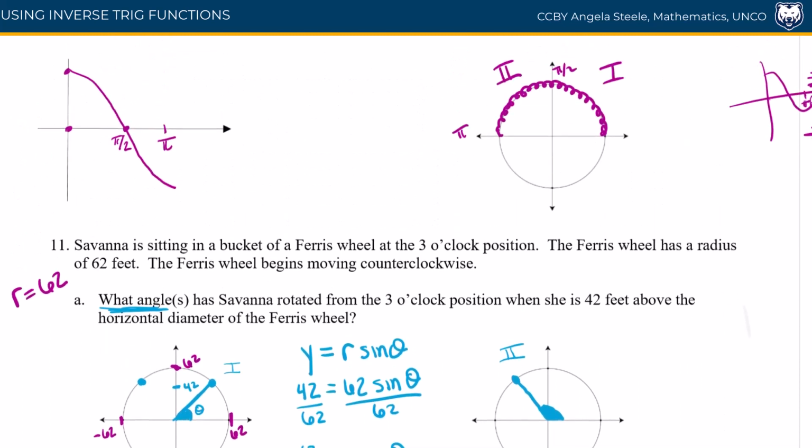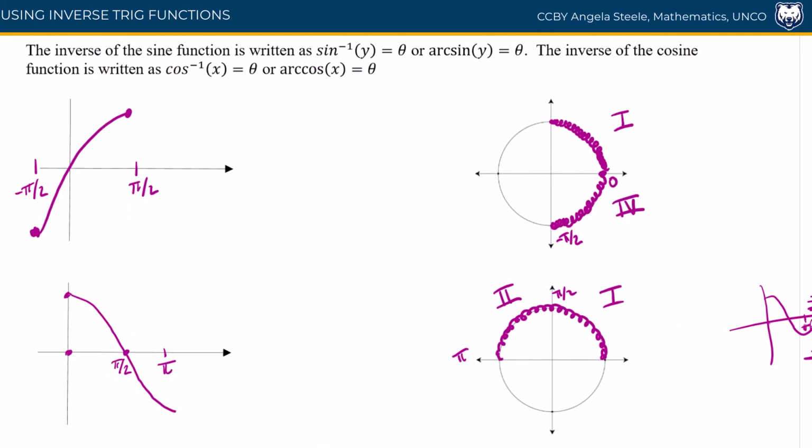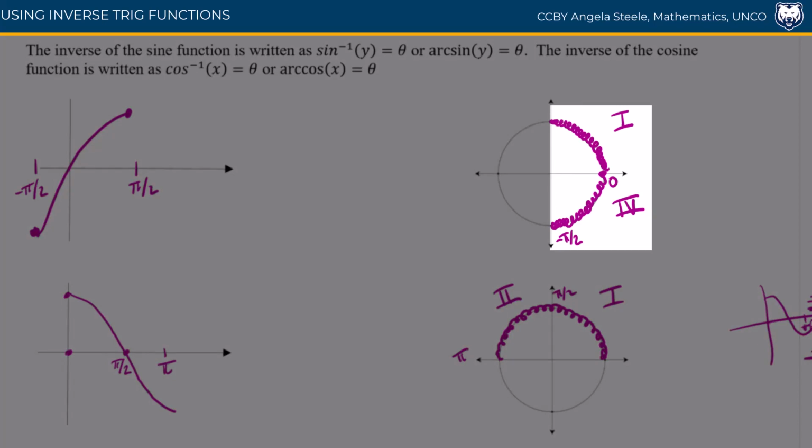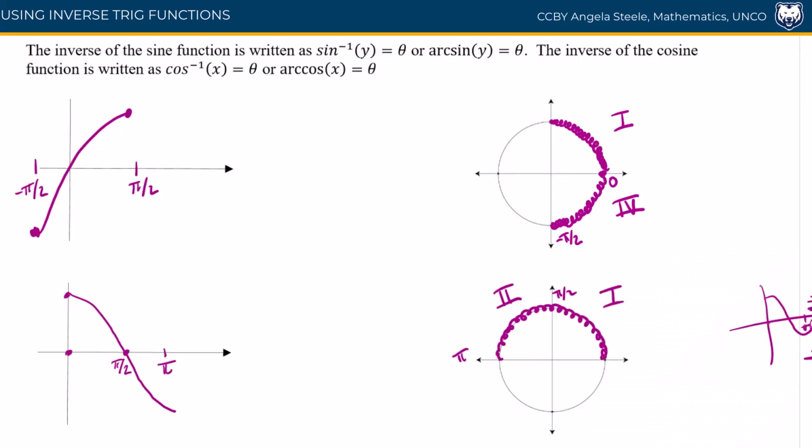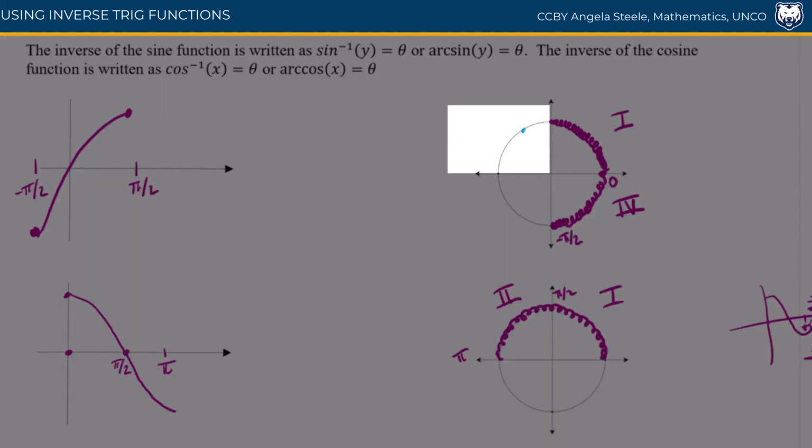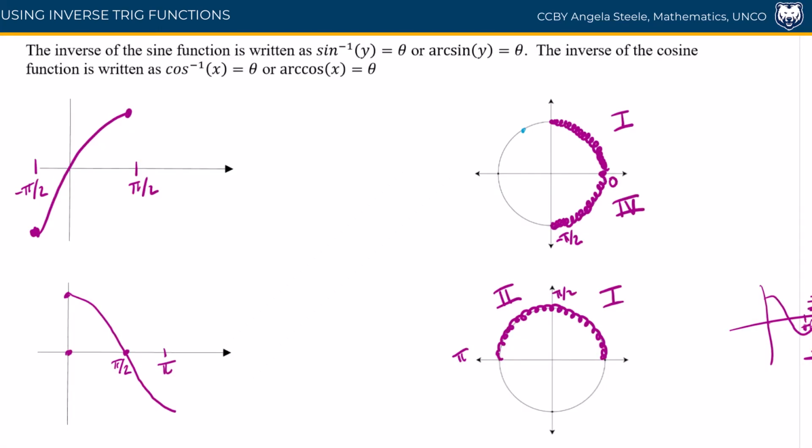But if we look at this visual, for our sine function we restricted the domain between -π/2 and π/2, which means that any point in quadrant 1 or 4 is the value our calculator will give us. Since our new point is in quadrant 2, our calculator will not be able to give us the solution. So we have to use our reference angles.